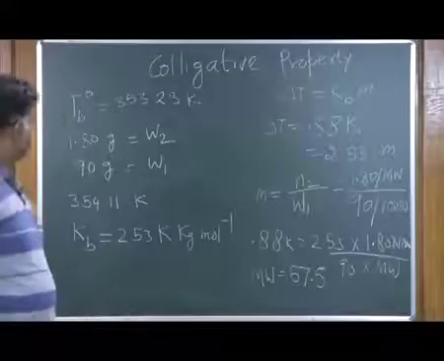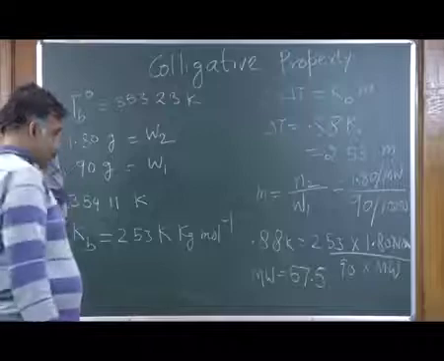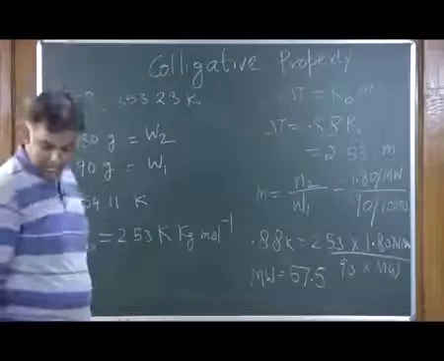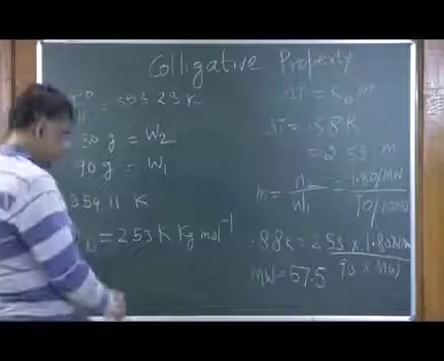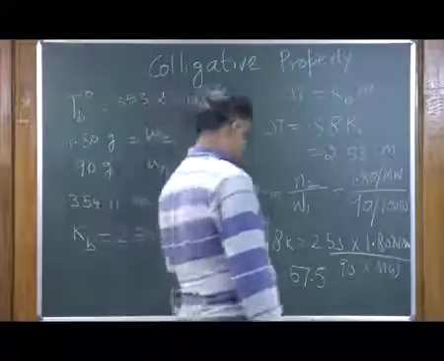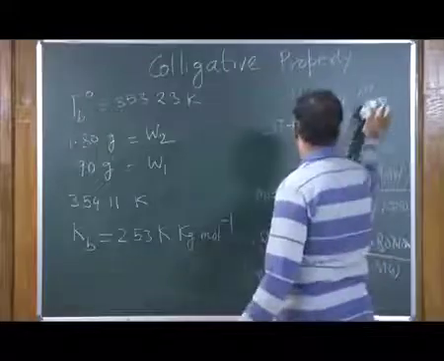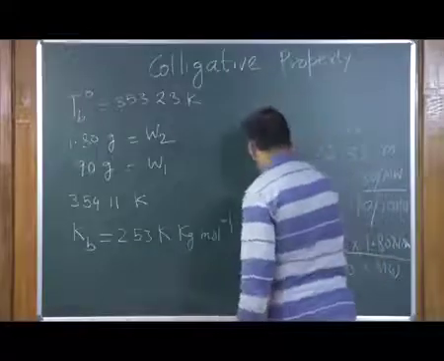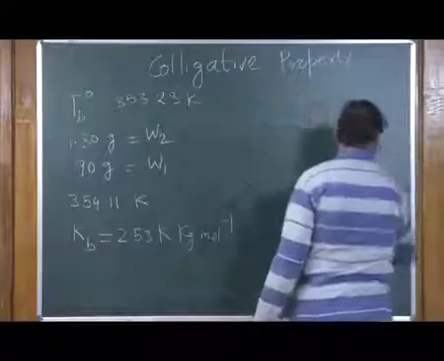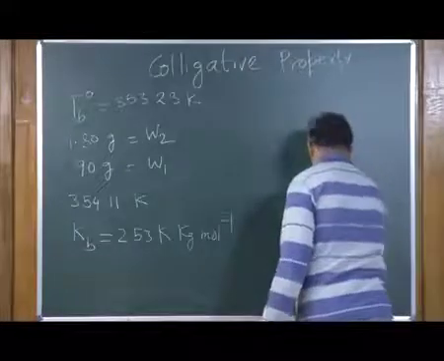Okay. The next topic which we are going to discuss under this subject is depression of freezing point. As we have elevation of boiling point, in the same way we have a depression of freezing point, and this can be understood by the same diagram which I just plotted.